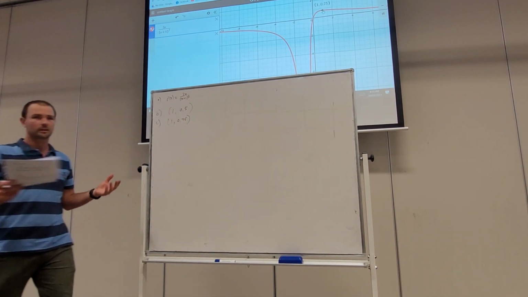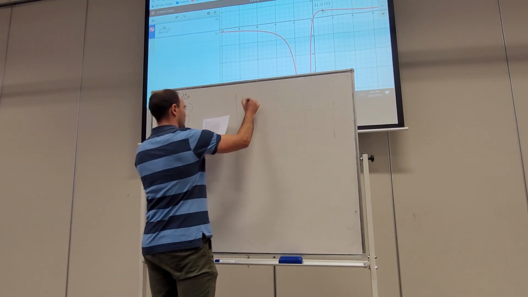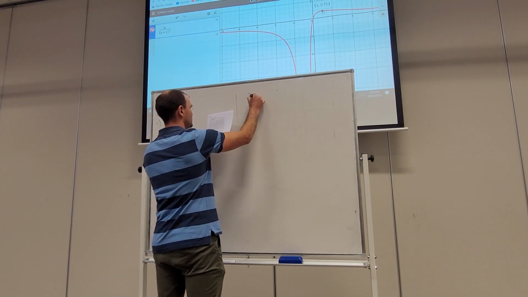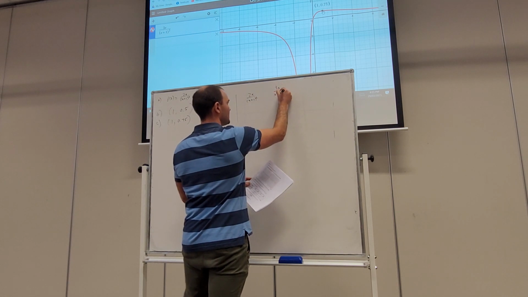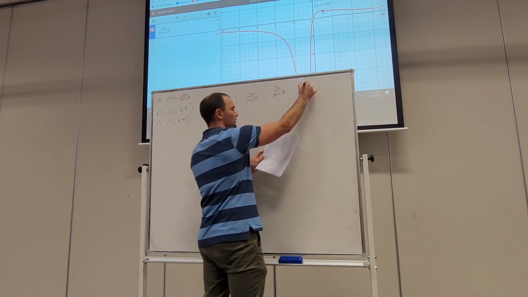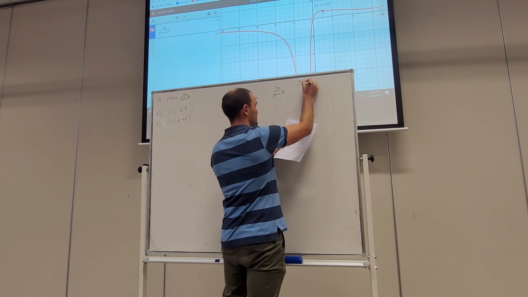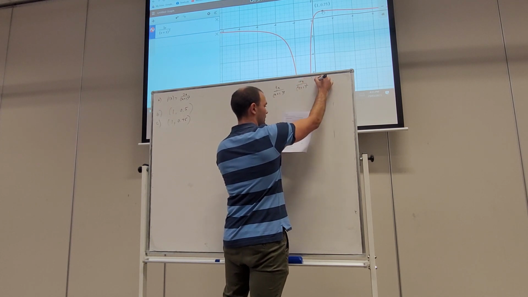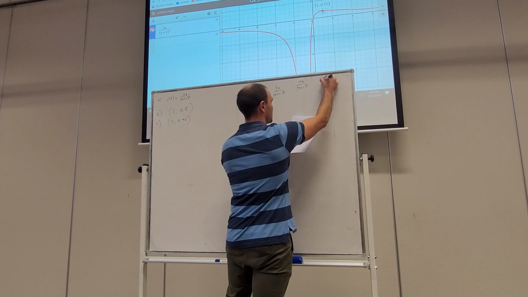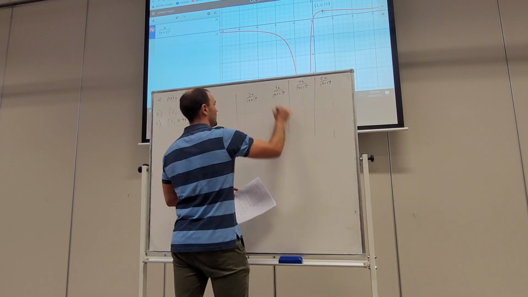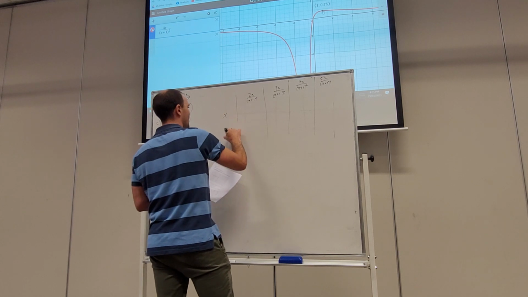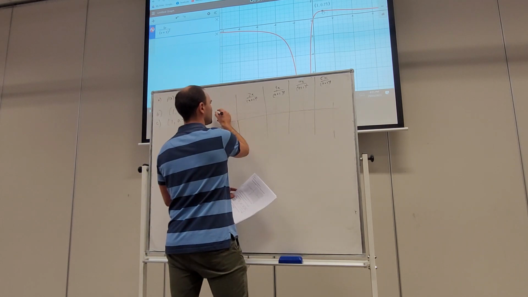Okay, now complete a table. We've got 2x on x plus 1 squared. We've got 3x on x plus 1 squared. So we can see what's changing, right? This number up here is changing. 4x on x plus 1 squared and 5x. And we have x and the y value of the stationary point.